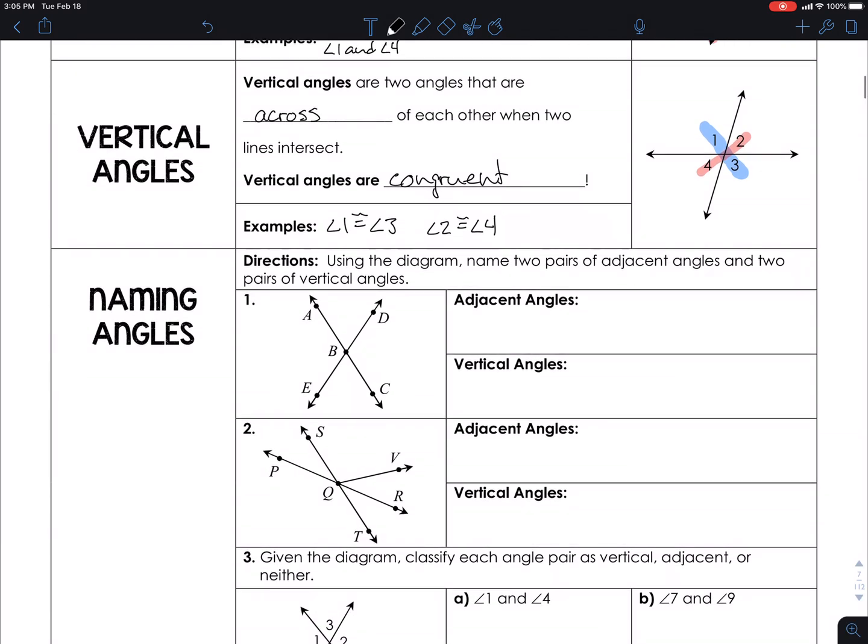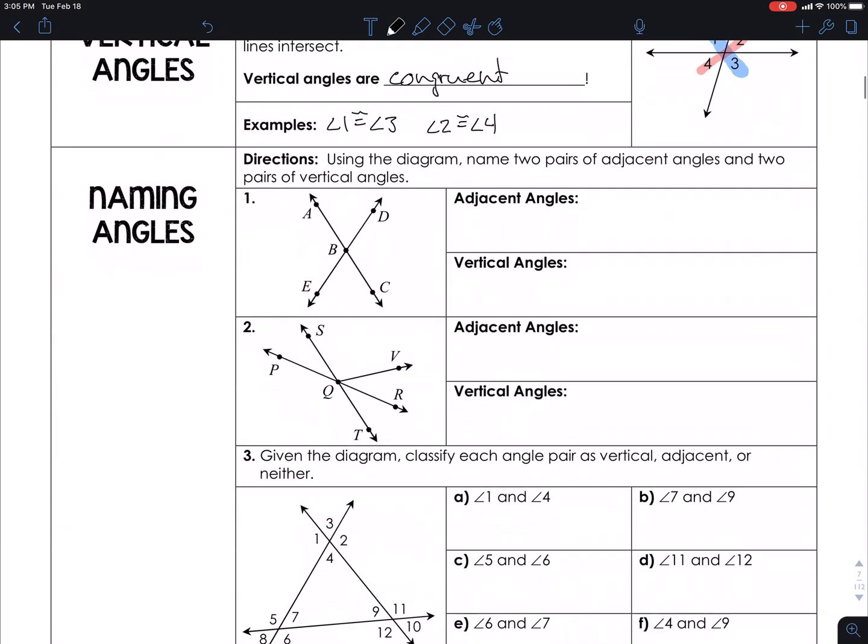Okay. Naming angles. I'm going to do number 2. You're going to have to go through number 1. Number 2 is kind of a pain. There's a lot of them, and I may not even get all of them, but I want you to find yours. Number one is kind of easy. Just to look, there's an angle right there.